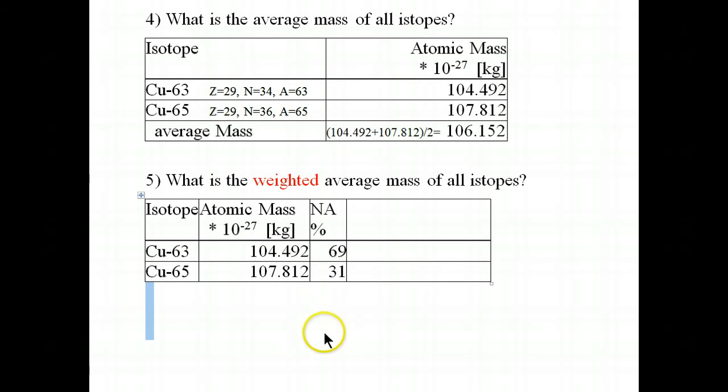So you have to calculate the weighted average mass of all these isotopes. And that means you have to weigh the atomic mass of Cu-63 by 69 and Cu-65 by 31, but divide that 69 and 31 by 100.